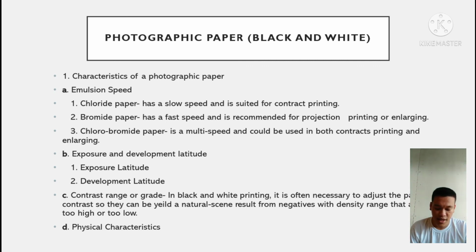And last but not least are the chlorobromide papers, containing a blend of silver chloride and silver bromide salts. The emulsion produces paper sensitive enough to be used for enlarging and contact printing. They produce warm black to neutral image tones by development, which can be varied by using different developers.